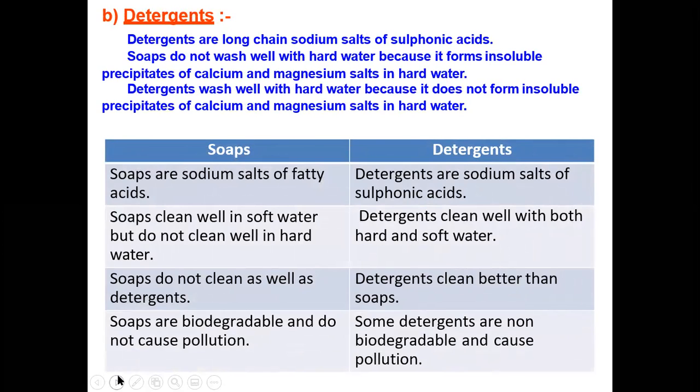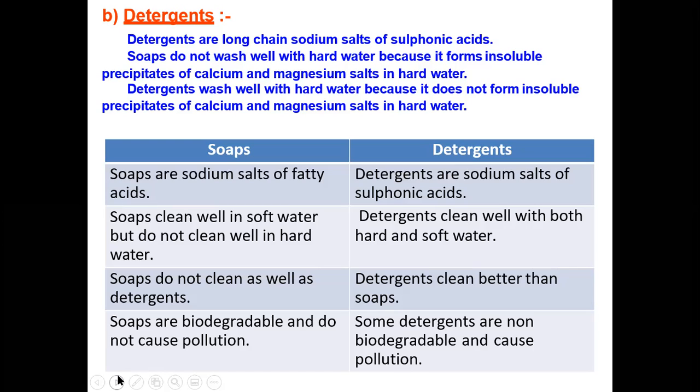The hardness of water is only because of the presence of calcium and magnesium ions. Detergents wash well with hard water because they do not form insoluble precipitates of calcium and magnesium salts in hard water.